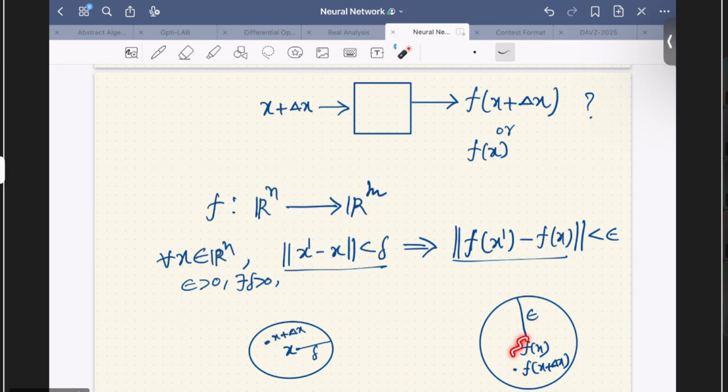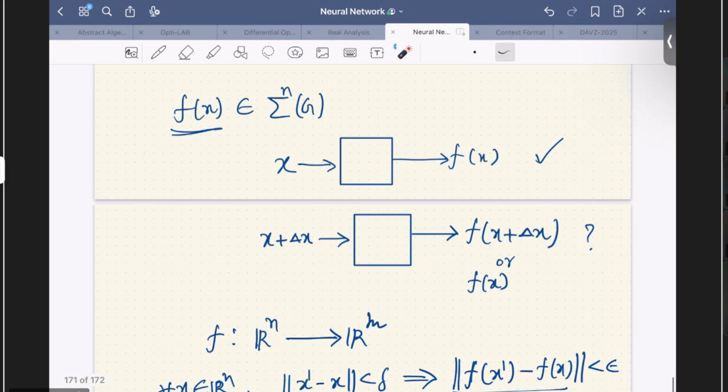So there is a slight disturbance in the input and output as well. But now I don't want that. We are looking for a very interesting feature, correcting the anomalies, correcting the errors in the data. So now I am expecting not f of x plus delta x, but this f of x.